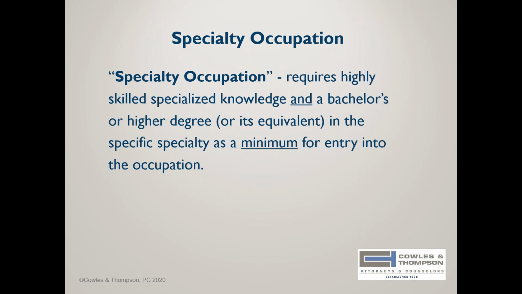So don't expect them to understand things that you don't even know how to explain in simple terms. So specialty occupation is a big, big issue. Pay attention to job description requirements and how you classify the occupation.